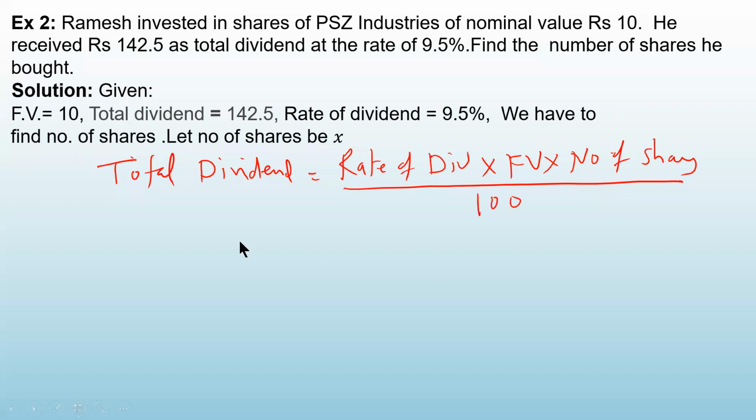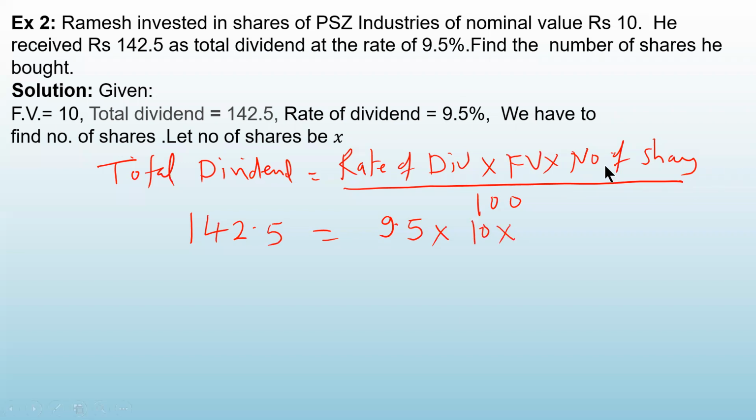Now in this formula, whatever you have been given, you just put it in the formula. So you are given here total dividend, how much? 142.5. So in place of total dividend, write down 142.5. Okay. What is rate of dividend? It is given 9.5. So rate of dividend is 9.5, into face value. Face value, how much? 10.